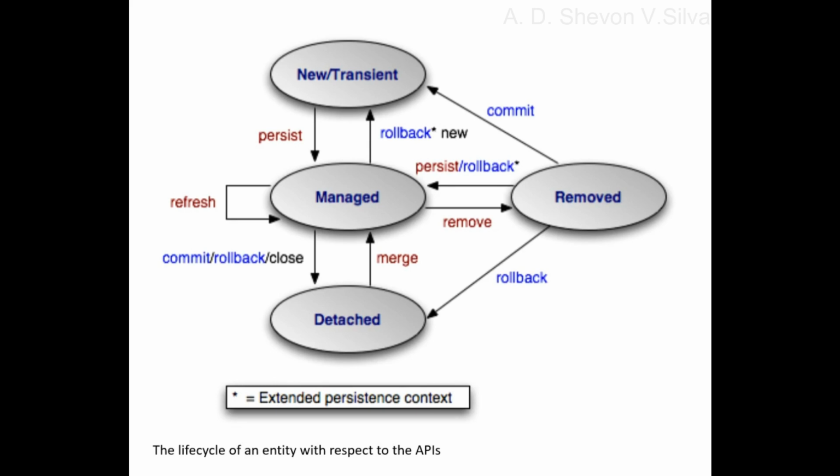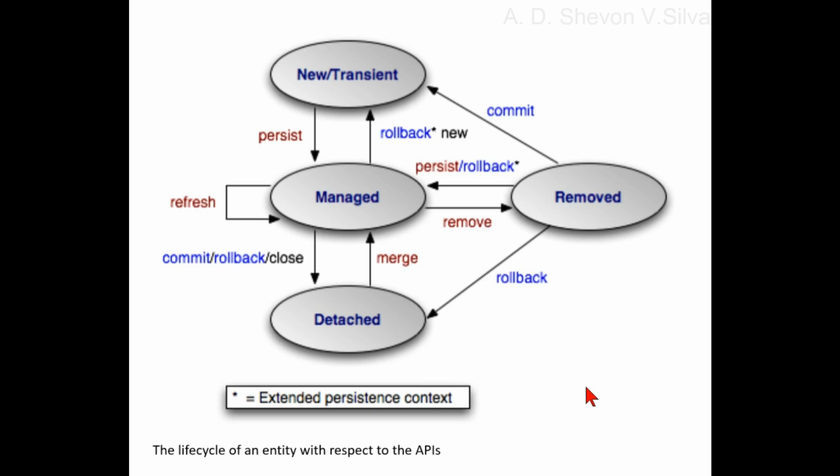An entity is a lightweight persistent domain object. Here you can see the life cycle of an entity with respect to the APIs. Here you can see the entity manager operations for managing an entity instance's life cycle.